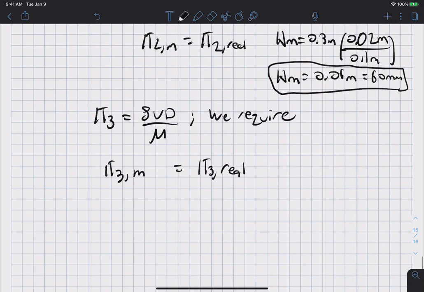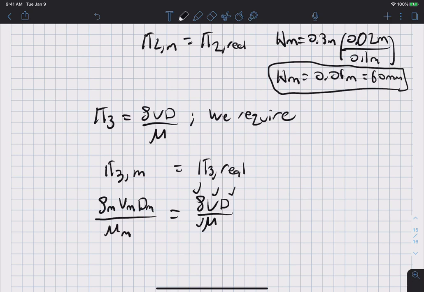So this implies that rho of the model, v of the model, d of the model over mu of the model is equal to rho Vd over mu on the actual object. And we know rho, we know v, we know d, we know mu.